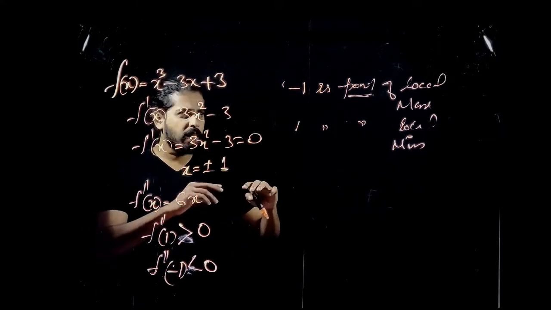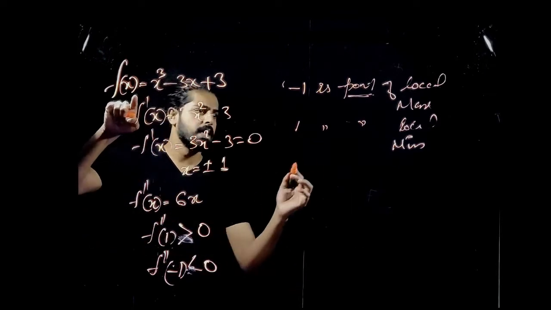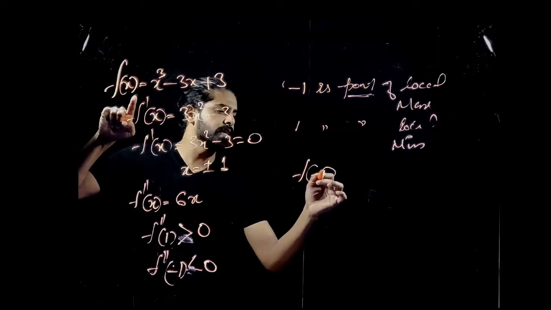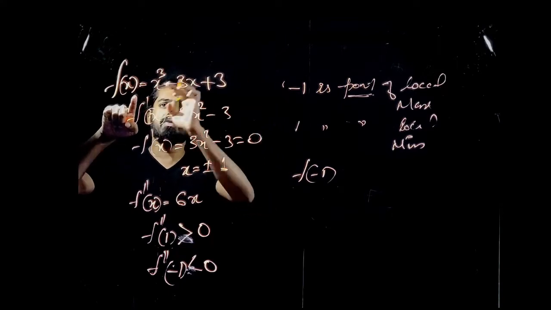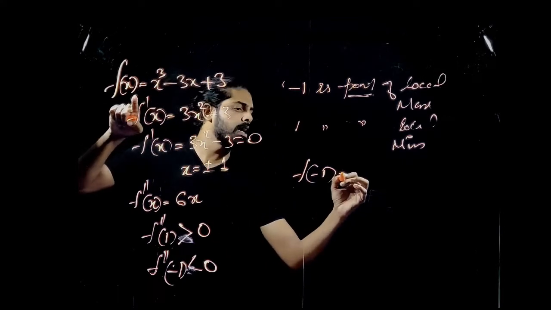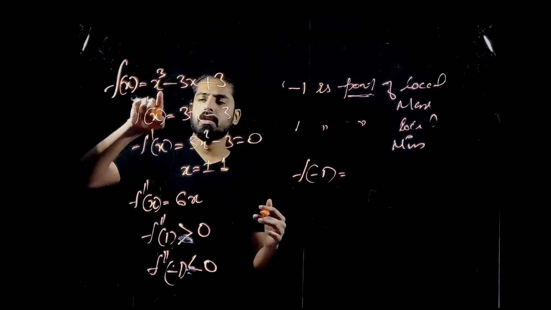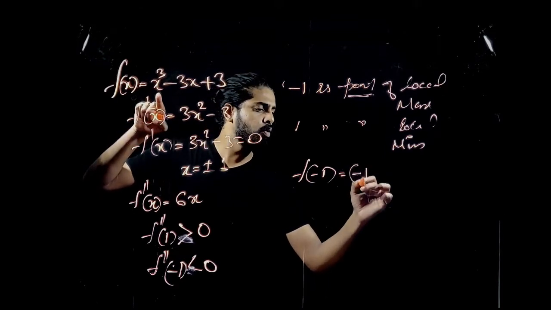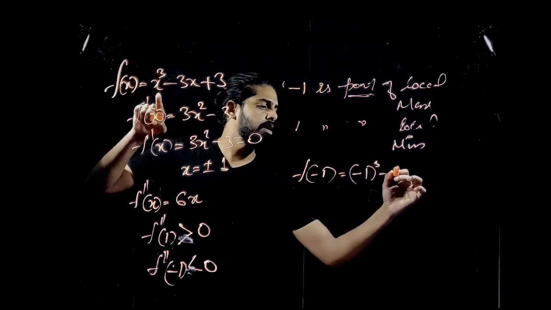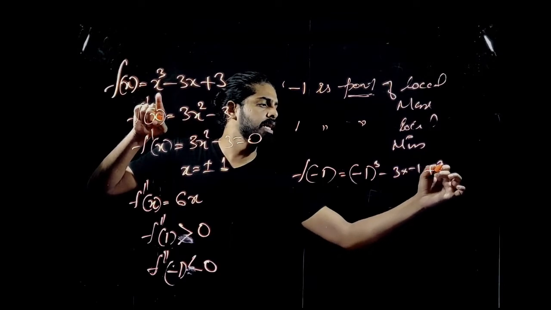The local maximum value of the function is f of negative 1. Substituting this point of local maxima into the function, you will get the local maximum value, which is negative 1 the whole cube minus 3 times negative 1 plus 3.